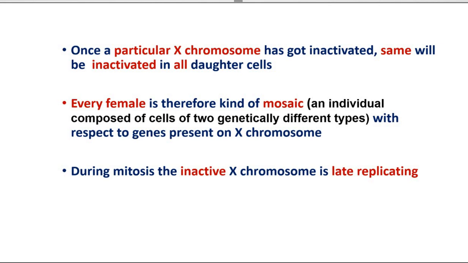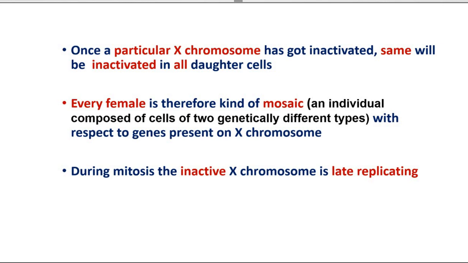Another example: if in a particular somatic cell the father's X chromosome is inactivated, then in whatever progeny it has after mitosis, the same father's chromosome is going to be inactivated, not the mother's.